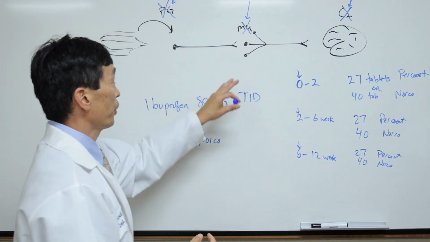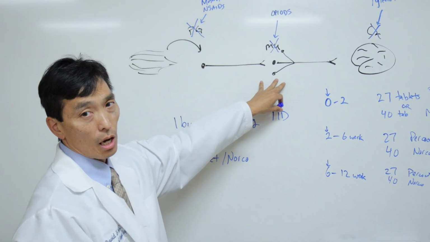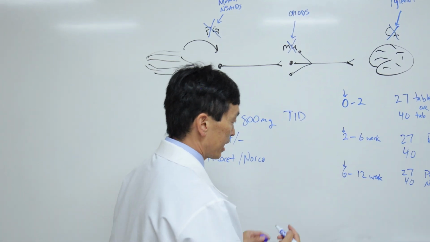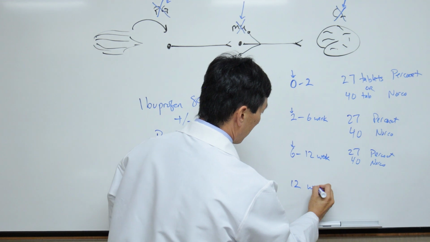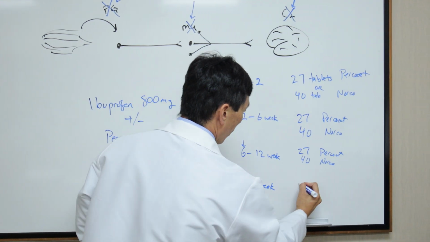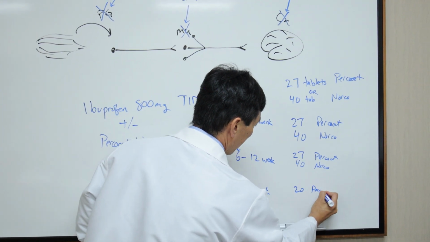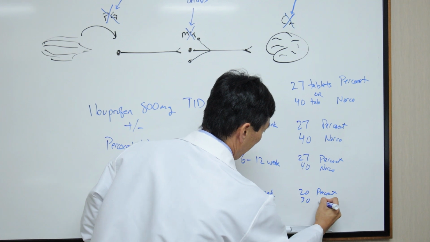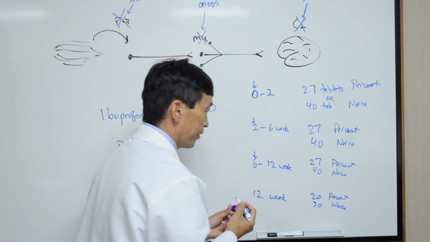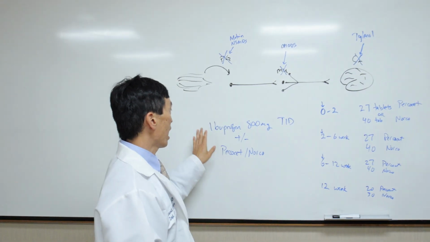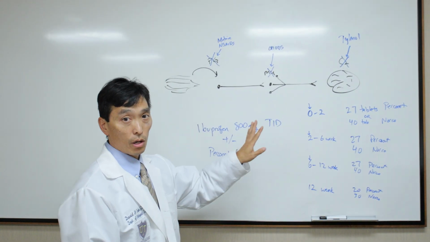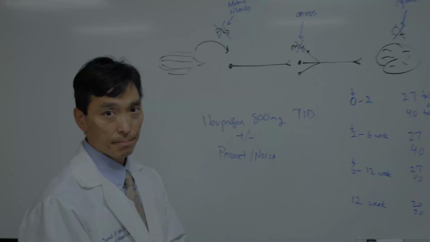This way we can taper you off and not have this upregulation of your mu receptors, right? Finally, at the 12-week mark, if necessary, 20 tablets of Percocet or 30 tablets of Norco can be given. Non-controlled substances like ibuprofen or plain Tylenol can be prescribed at any time.